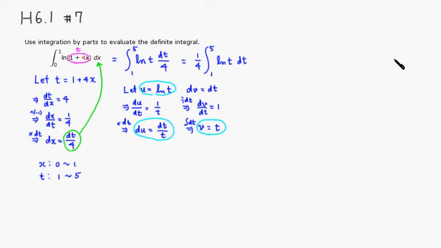So let's put that in. This is going to be equal to 1/4 outside, then a curly bracket. uv would be this times that, so it's t natural log of t, going from 1 to 5, minus the integral from 1 to 5 of t times dt over t. The t's cancel out, so you're going to have just dt.